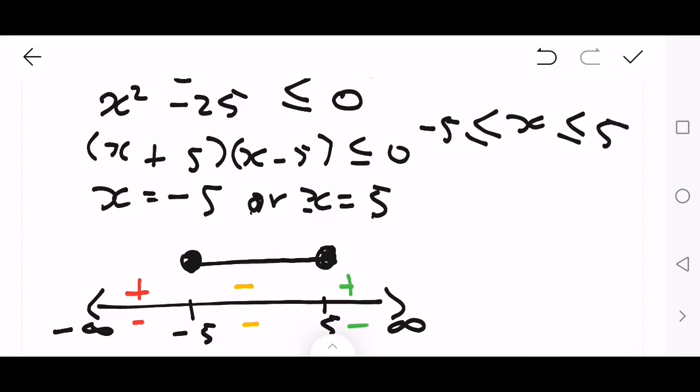Also we can say x, now using square brackets since the solution is included, x is from minus 5 to 5. Again, use square brackets since 5 is included. So this is the interval notation.